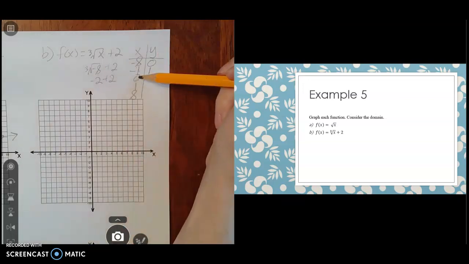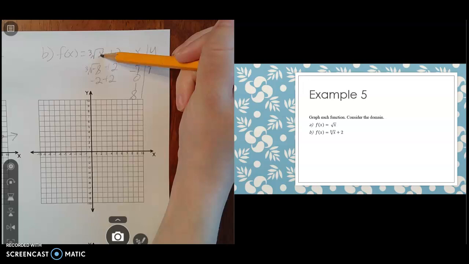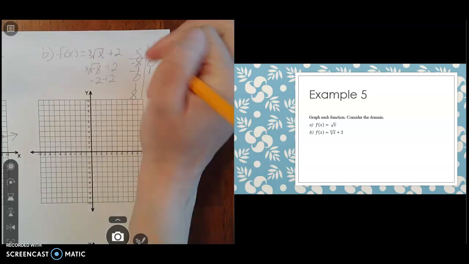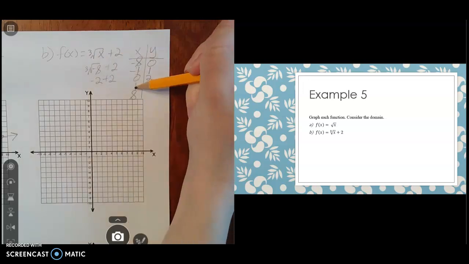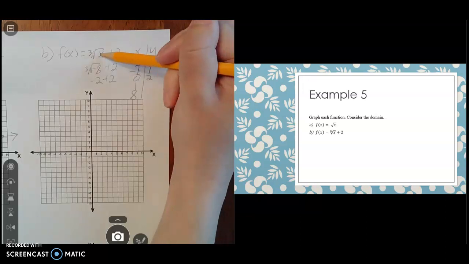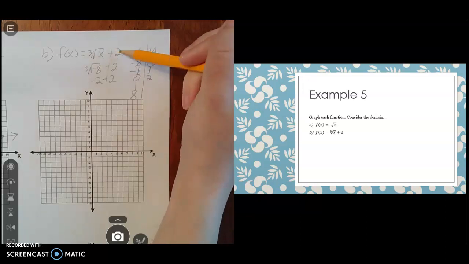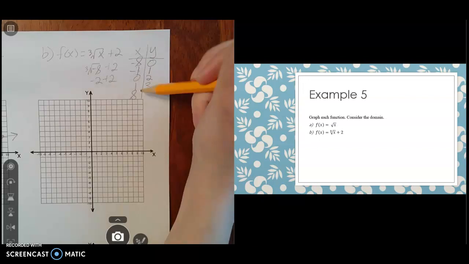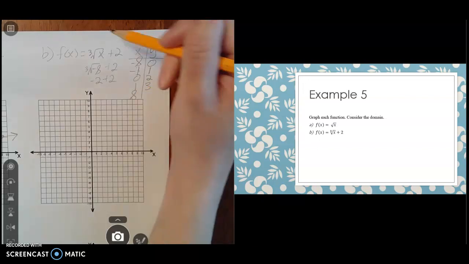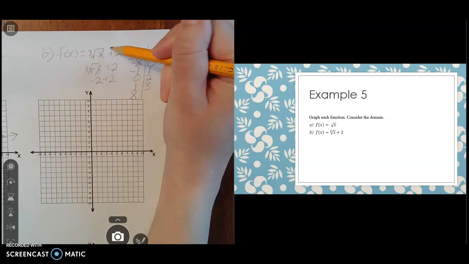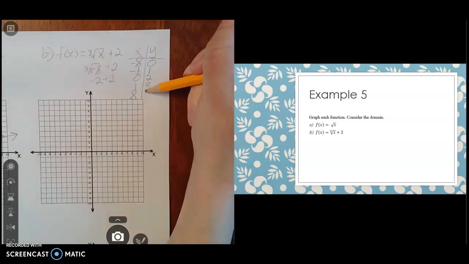What about if I put in 0 for x? The cube root of 0 is 0, and 0 plus 2 is 2. What if I put in 1 for x? The cube root of 1 is 1, and then 1 plus 2 is 3. What if I put in 8 for x? The cube root of 8 is 2, and then 2 plus 2 would be 4.